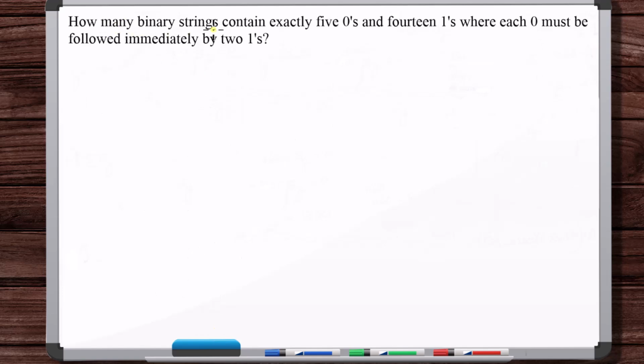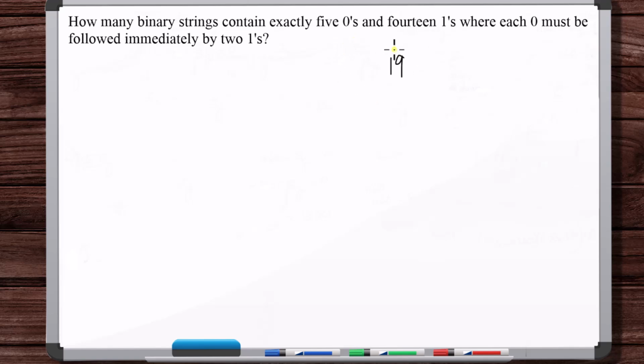How many binary strings contain exactly 5 zeros and 14 ones, where each 0 must be followed immediately by 2 ones? Okay, so 5 zeros, 14 ones. That's 19. We could get the total number of binary strings of length 19 and then subtract out if we need.